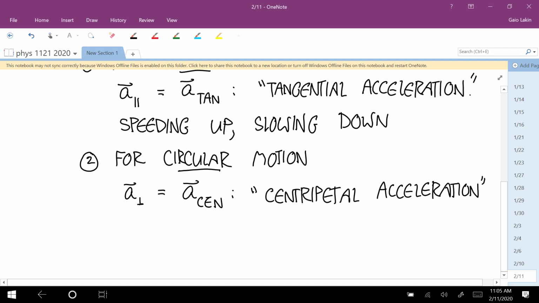It's always going to act straight toward the center of the circular path, so that's sort of an easy thing about it.